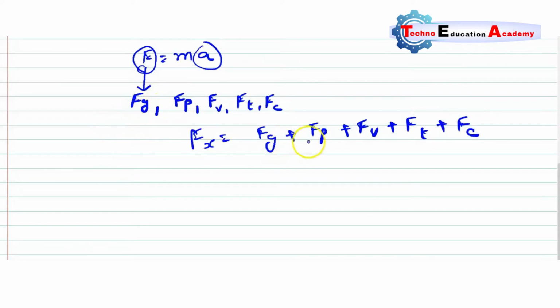If we neglect the compressibility force, because here we take the assumption that the fluid is incompressible, so we can neglect the compressible force. And if we neglect the compressible force, then the equation is like that: Fx is equal to gravity force plus pressure force plus viscous force plus turbulent force.